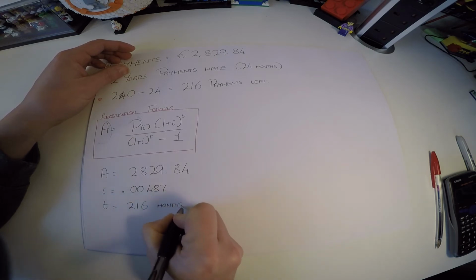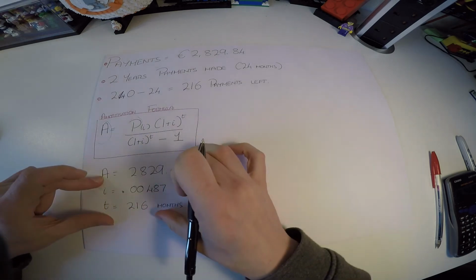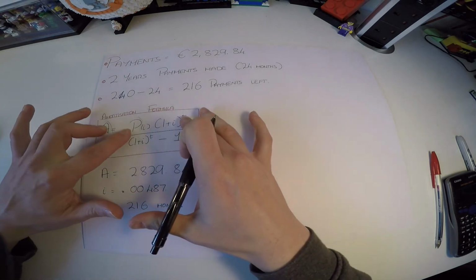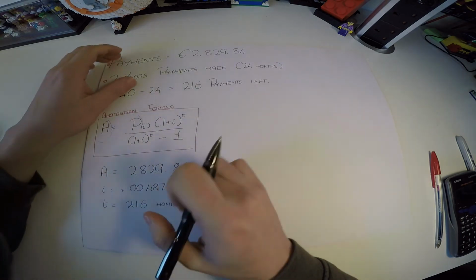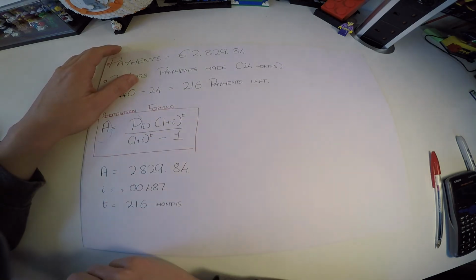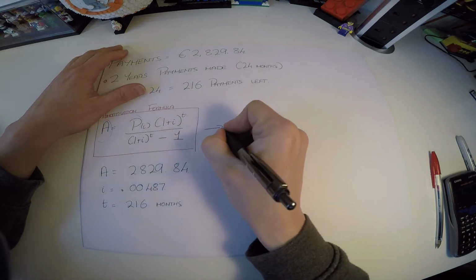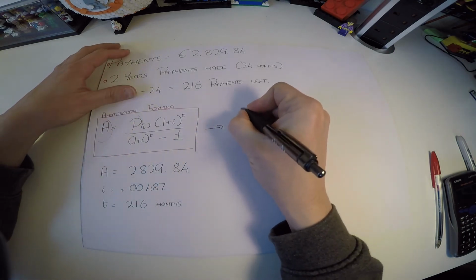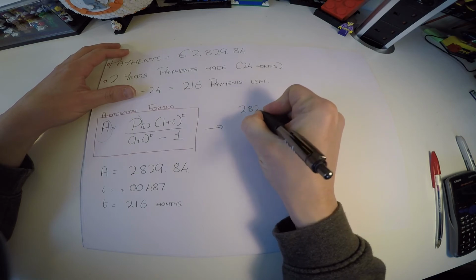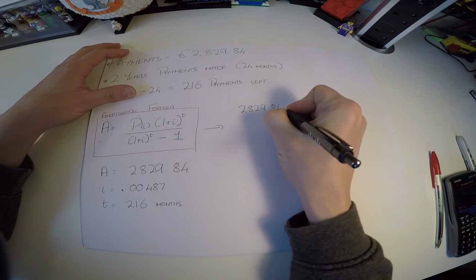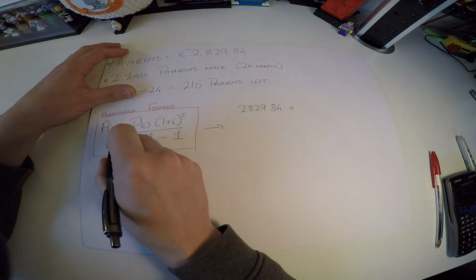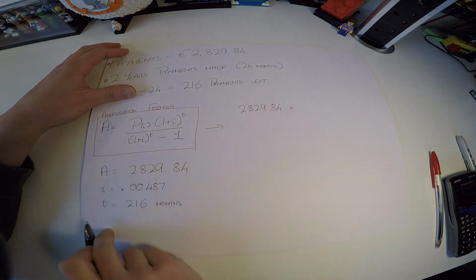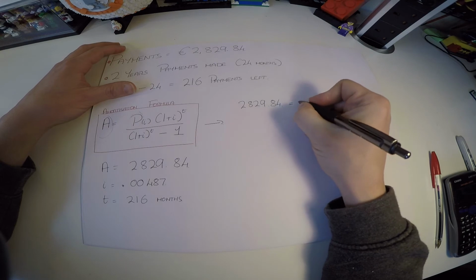What we're going to do with this information is put it in here and find out, with this information filled in, what actually would the principal you could borrow be. And that actually must be the amount of money outstanding. So that means that we're going to change A to 2829.84. And in general, I really do recommend, it's always a good idea to, when you write your formula out, write this little key here of each number. It just avoids you making any unnecessary errors.